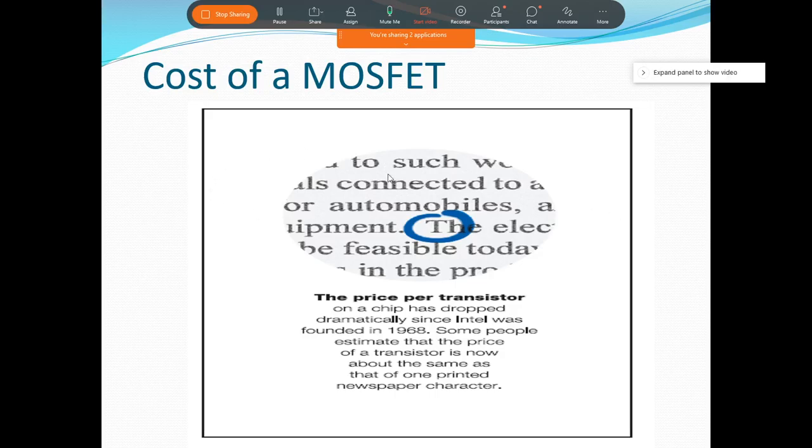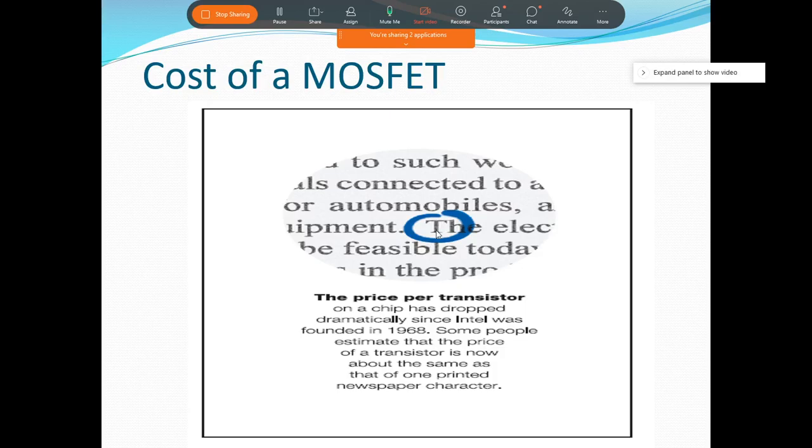Assume that this is a printed newspaper. If you want to print any letter, you need to spend some money. Assume I want to print this letter T. The money required to print this T is equivalent to making one transistor. It is so cheap.